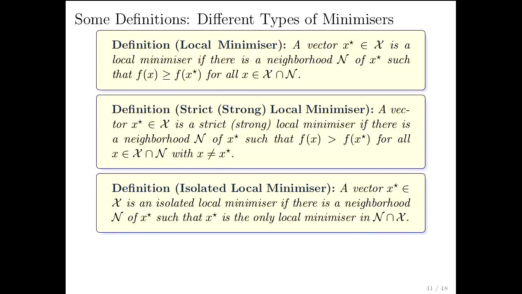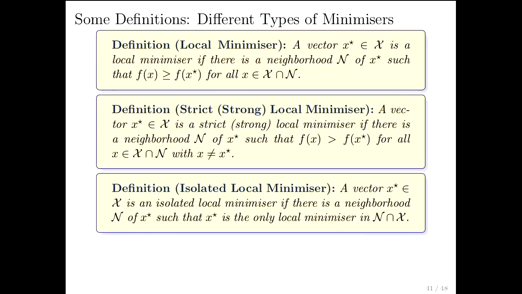Here it is strictly less than that. Okay? And then the isolated local minimizer is a vector X star such that, if I find a neighborhood of X star, it is the only local minimizer in it.